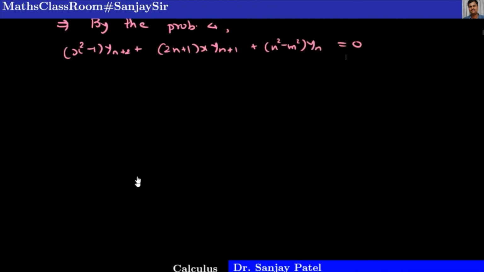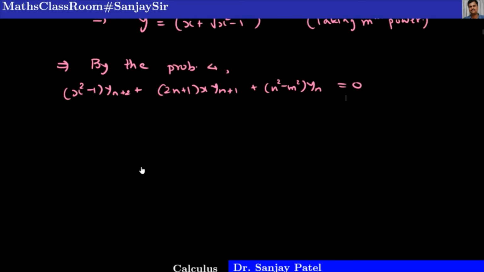Okay. Now the next problem. So every time we need to prove only or convert only into problem number 4 for the problems which I am discussing here. So next is problem number 6.